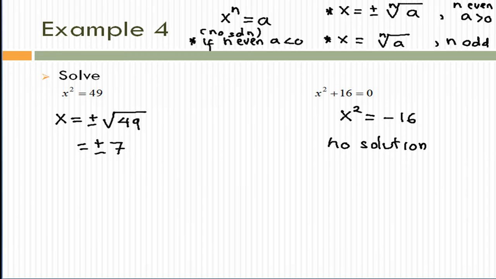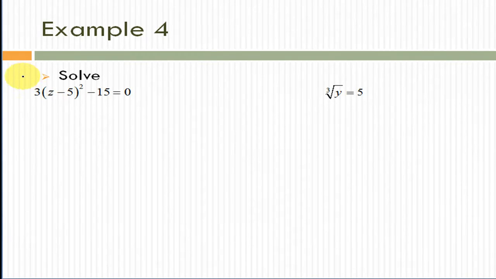Okay, let's continue. First, even though we don't have z only, isolate the left hand side of the equation so that it only has the z variable.